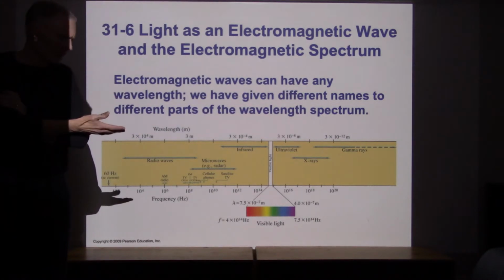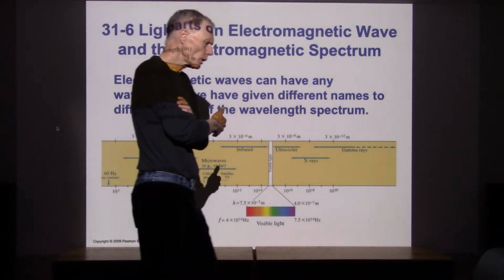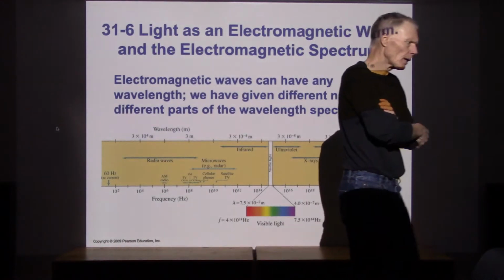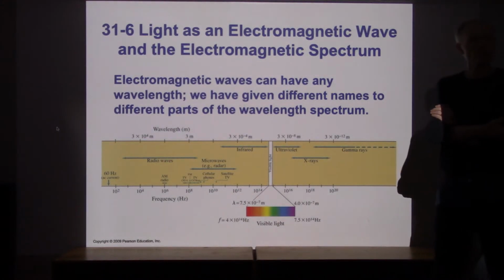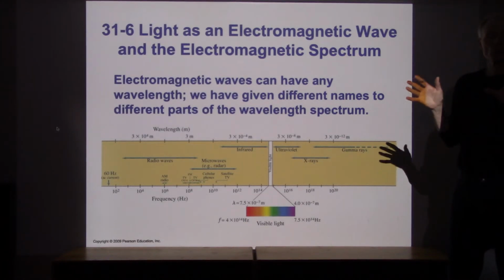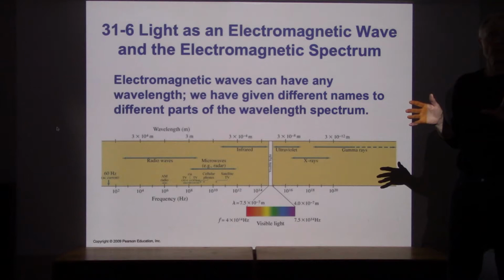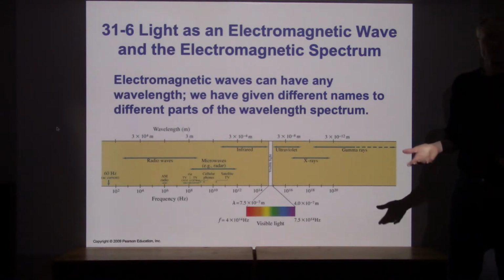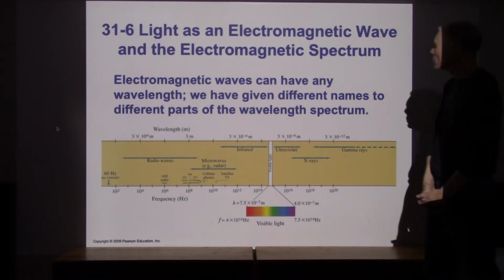Electromagnetic fields, we now understand, consist of some number of photons. When we say that these accelerating charges radiate electromagnetic fields, they radiate photons, particles that make up the electromagnetic field. And these photons can have different energies.